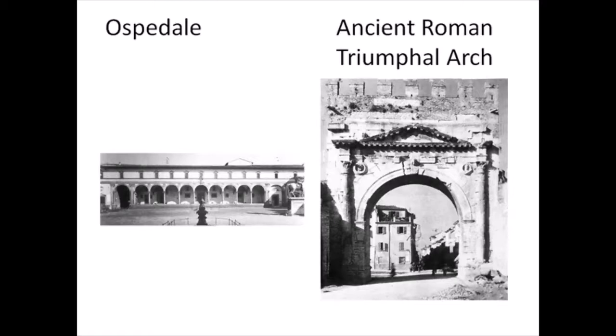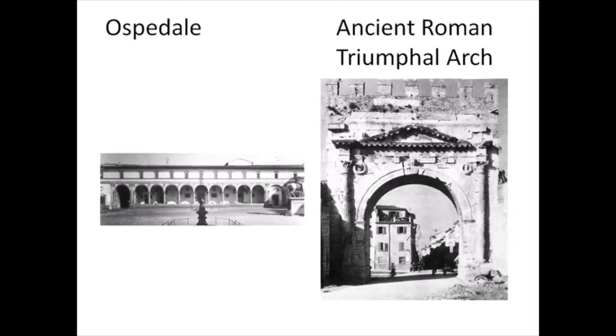What I want you to do is compare that ancient Roman triumphal arch on the right with the flanking bays that we see on the left. What I mean by flanking bays are the bays on the far left and the bay on the far right, the ones at either end. To tell you the truth, it'd help you more if you looked at the one on the left, because if you look at the one on the right, right behind the horse's butt sculpture right there, it's been filled in and it's now an office.